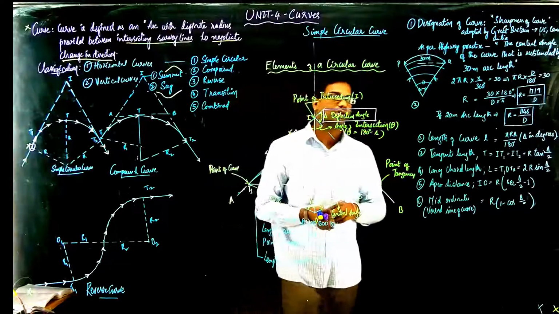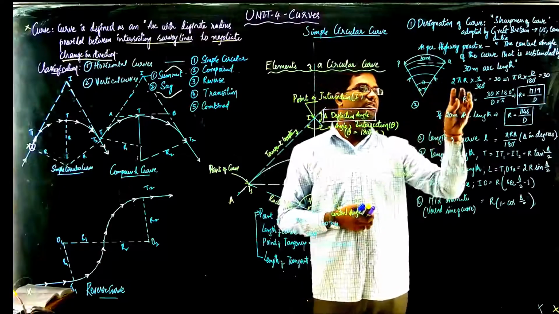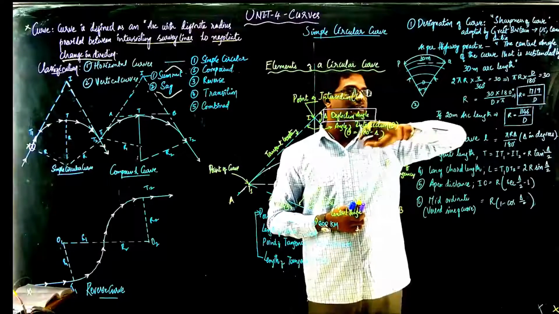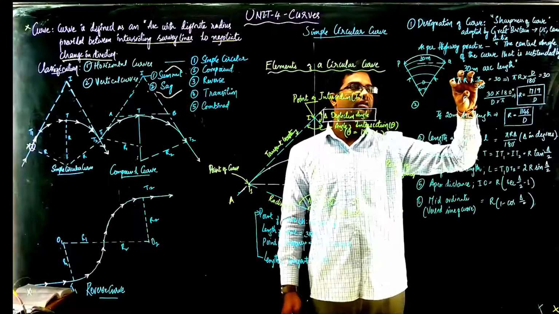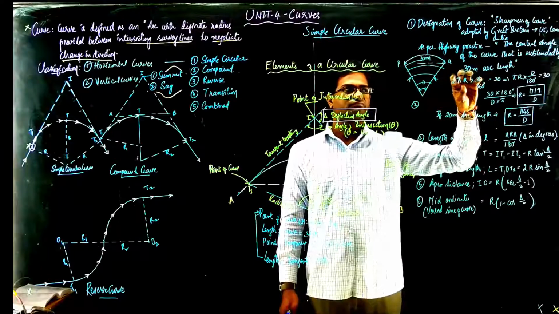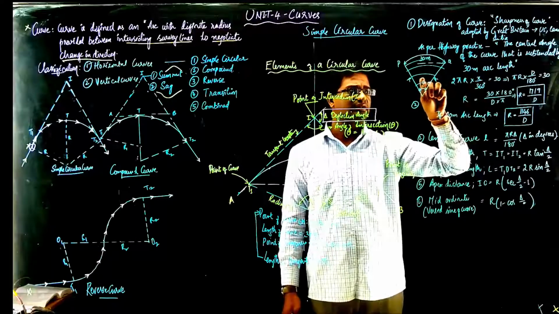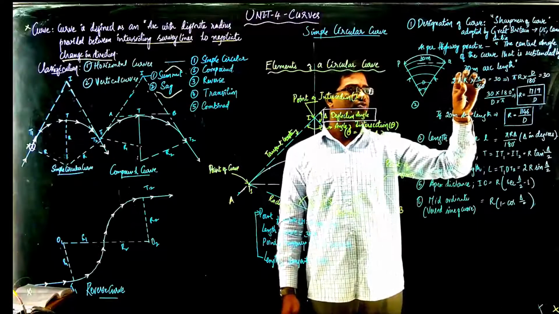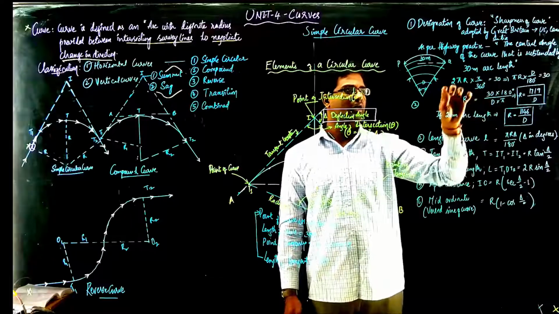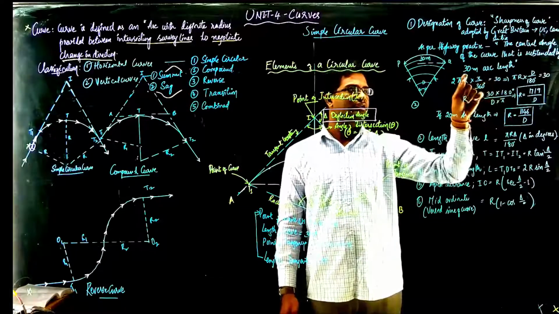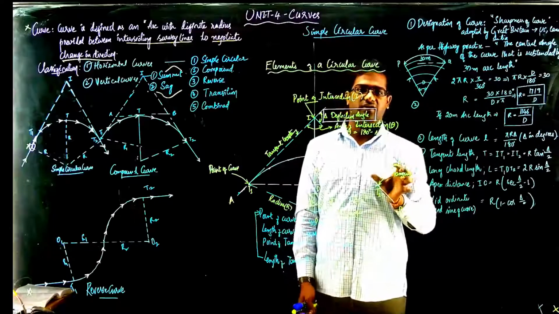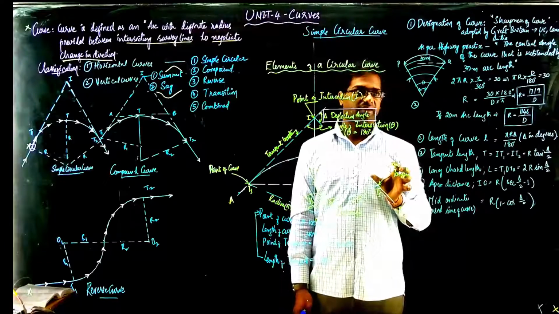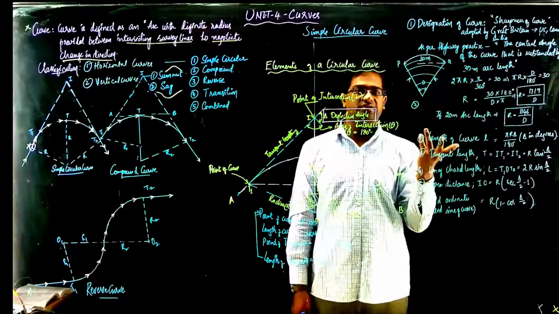If you calculate the relationship between the degree of curve and radius, I can calculate this length as 2 pi R into X by 360. What is X? X is nothing but D. So this equation, 2 pi R into D by 360, which you have learned in mathematics, shall be equal to 30 meters.